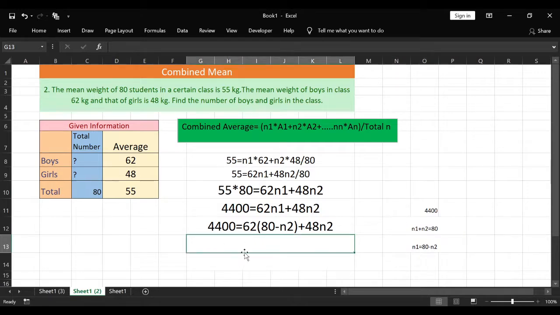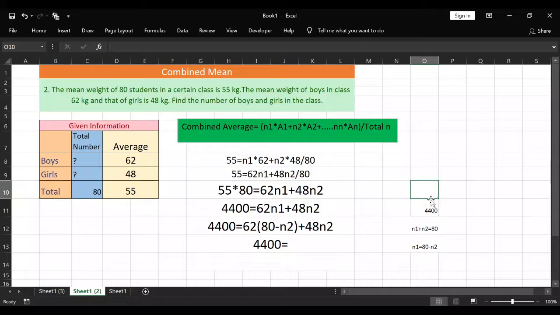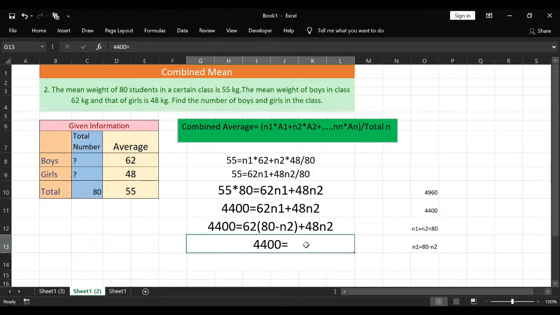So again I'll simplify this further now. 4400 equals 62 into 80 and 62 into n2. So I'll check here, 62 into 80 is 4960.